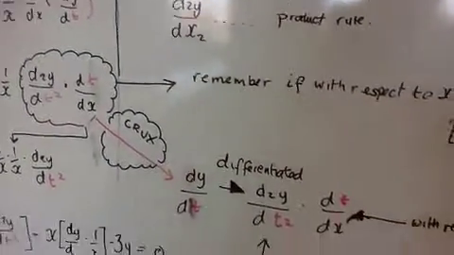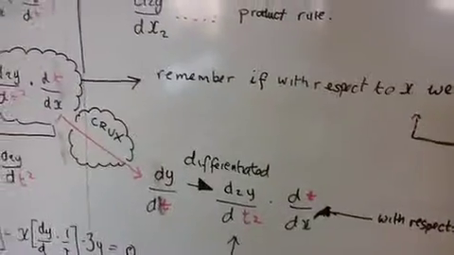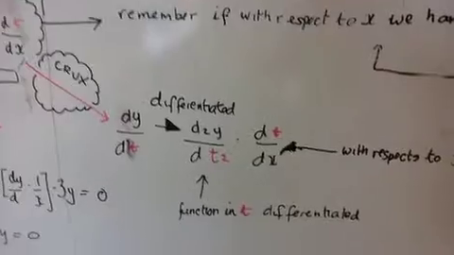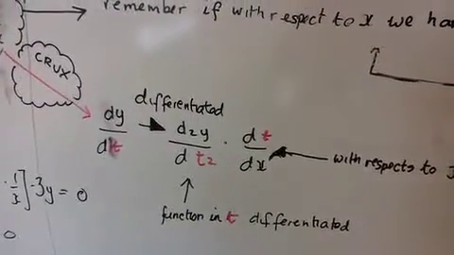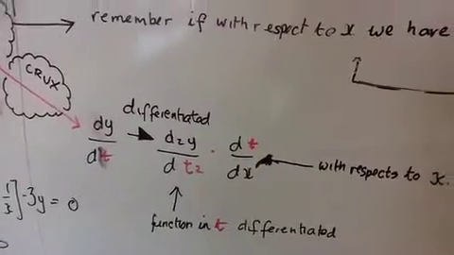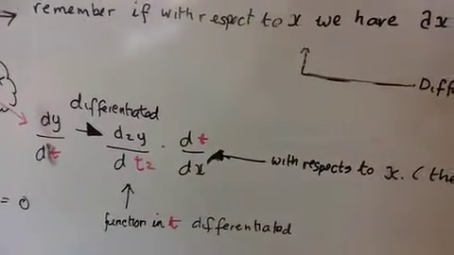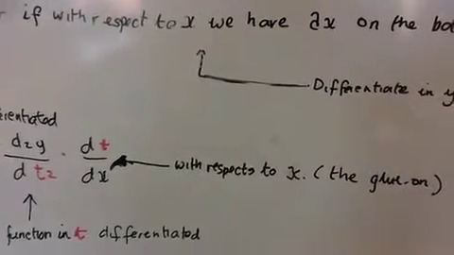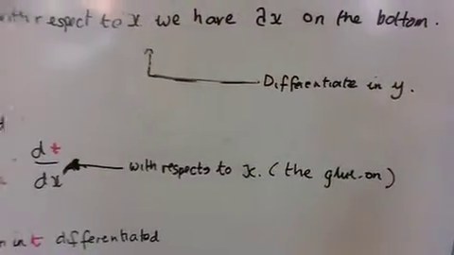So the crux of the problem is when you differentiate dy/dt, you differentiate it as a function of t, d²y/dt², and then glue on dt/dx because we're differentiating with respect to x.